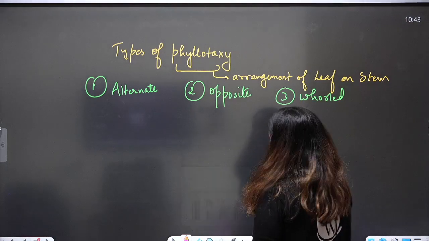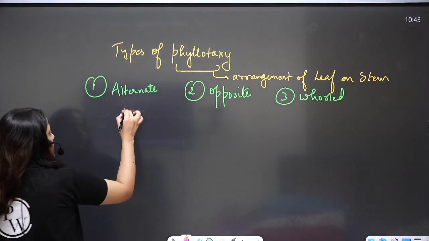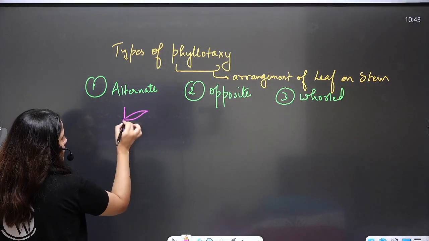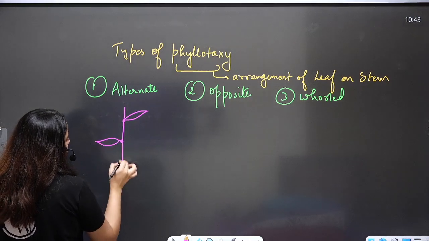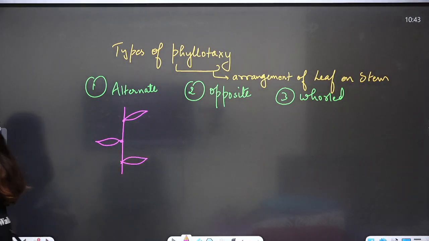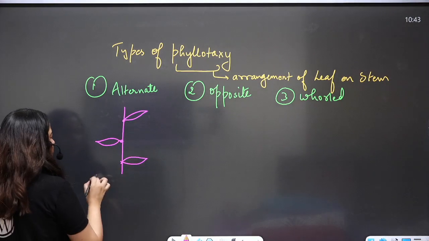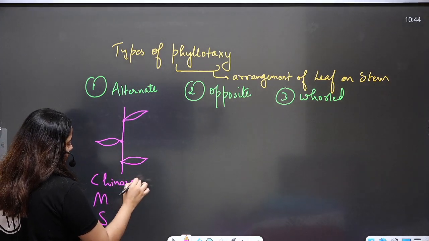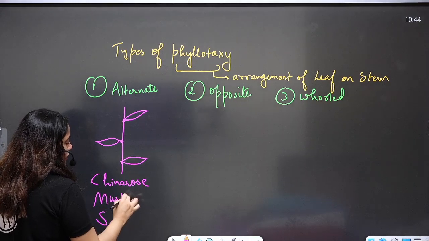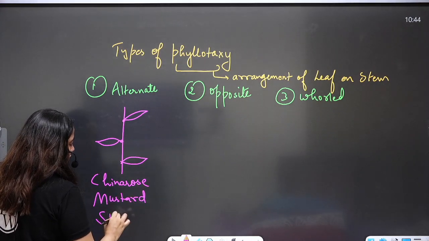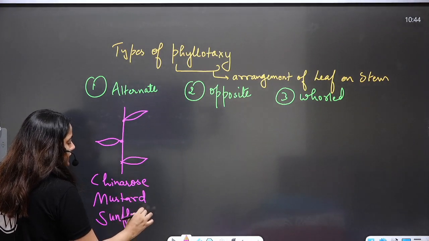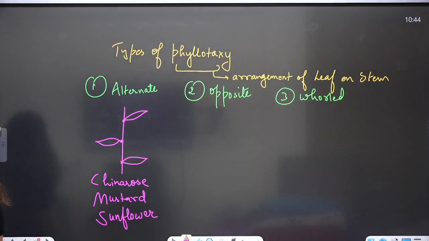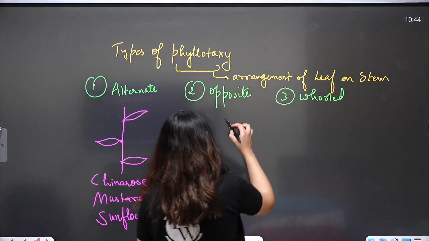Beta, alternate, where you can find one leaf at each node. Right? Example, China rose, mustard, sunflower. So in these plants you can see alternate phyllotaxy.